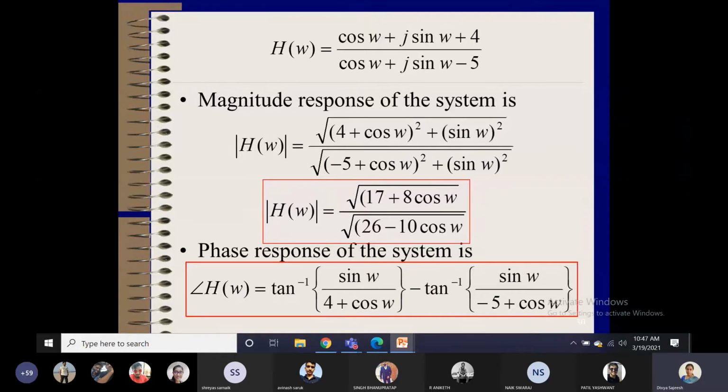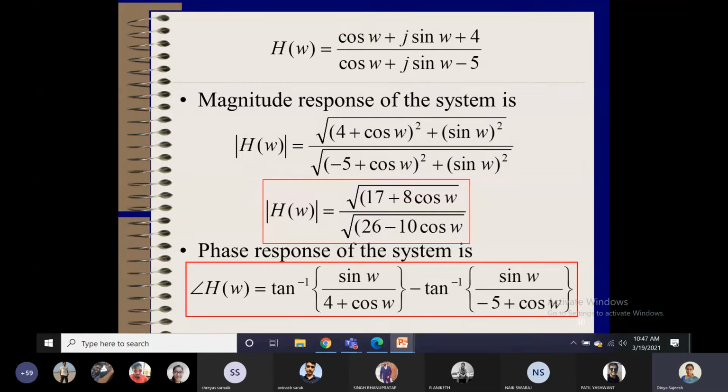Of the numerator, what is the imaginary part? Sine omega. What is the real part? Cos omega plus 4. So tan inverse of that, minus, on the denominator tan inverse of what is there in the denominator. What is the imaginary part? Sine omega. And what is the real part? Cos omega minus 5. So this also will give you the phase response of the system.